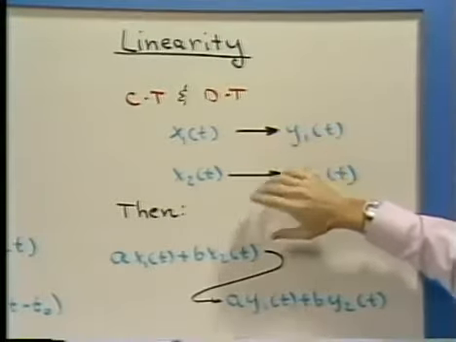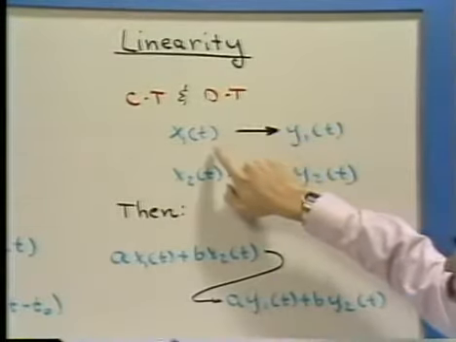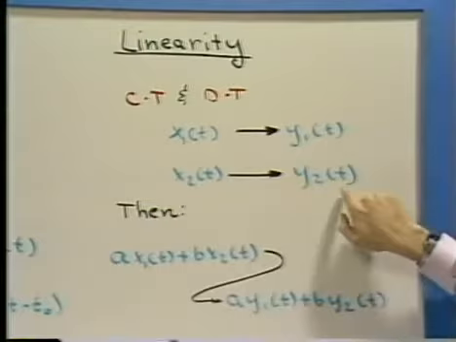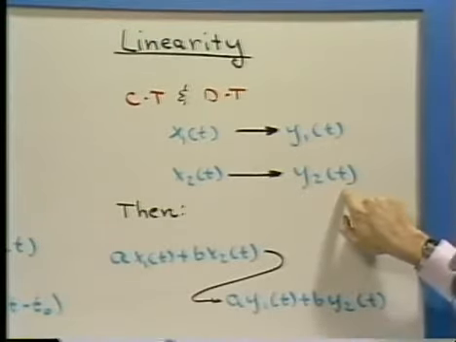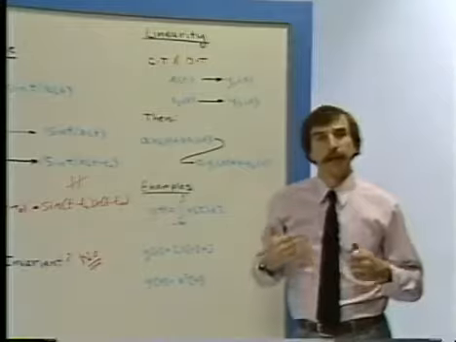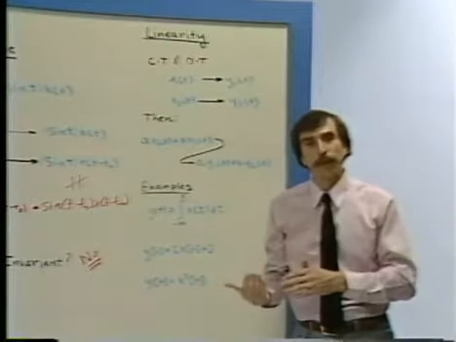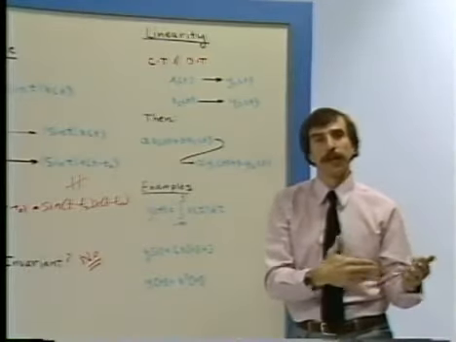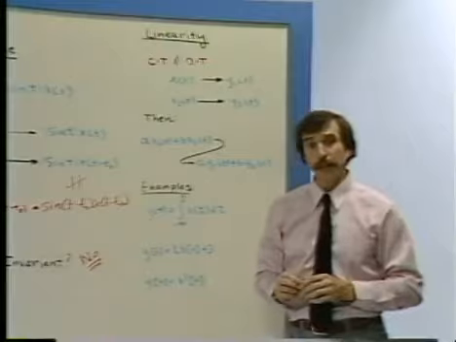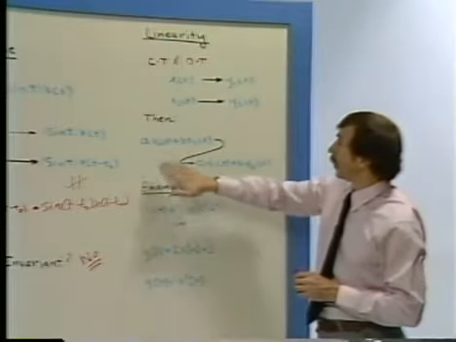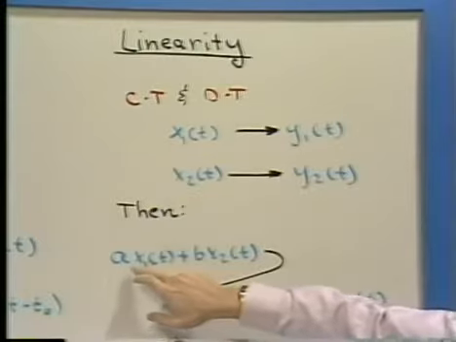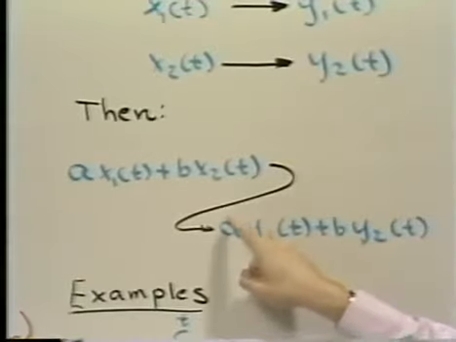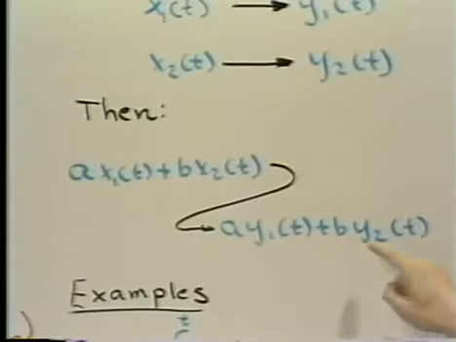What it says is that if we have some inputs with associated outputs, let's say x1 of t and x2 of t, then a system is linear if the output to a linear combination of those inputs is the same linear combination of the associated outputs. So if we put into the system a linear combination of those inputs, then for linearity we require that the output is the same linear combination.